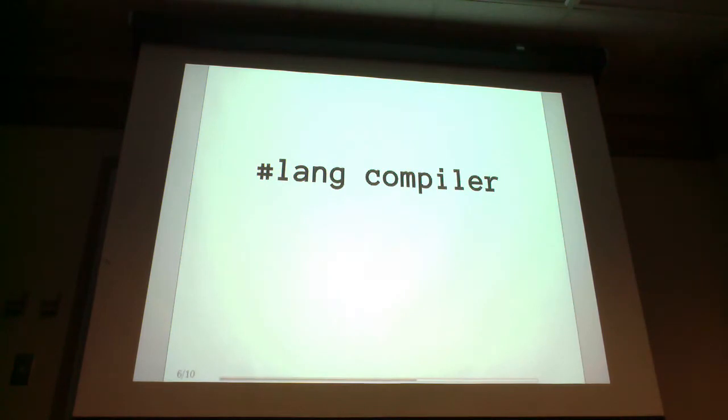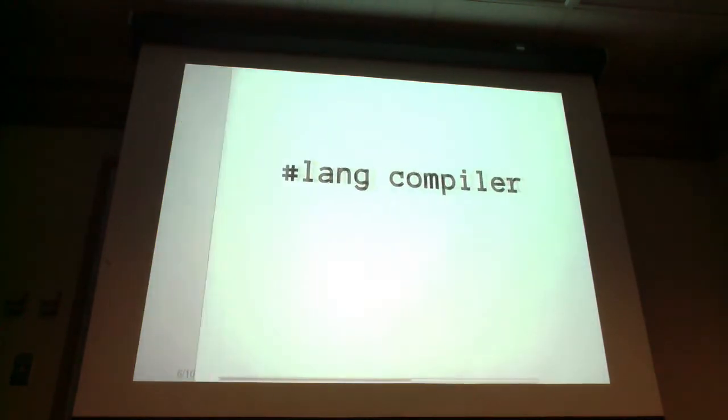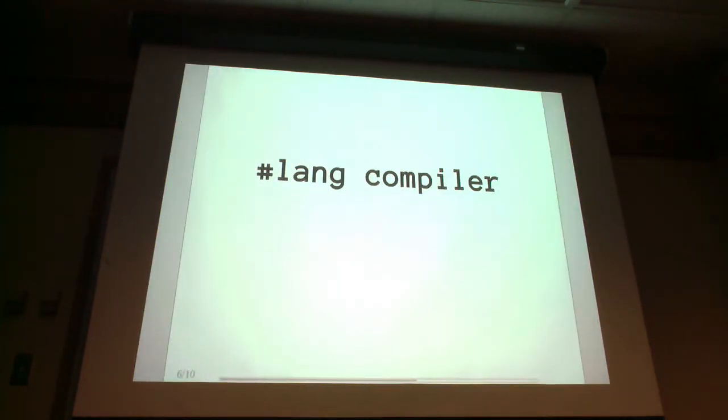So I want something like this, with this picture. I want all this to happen, and I also want to do it pretty easily. You can think a lot of things about how this language might look.